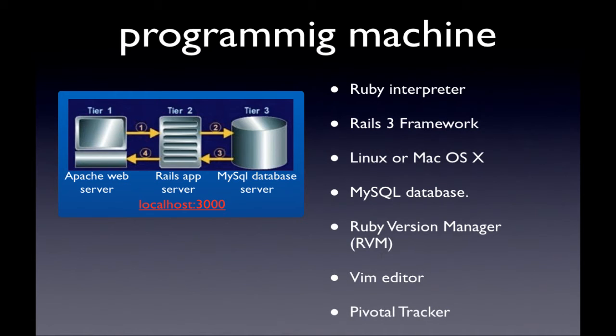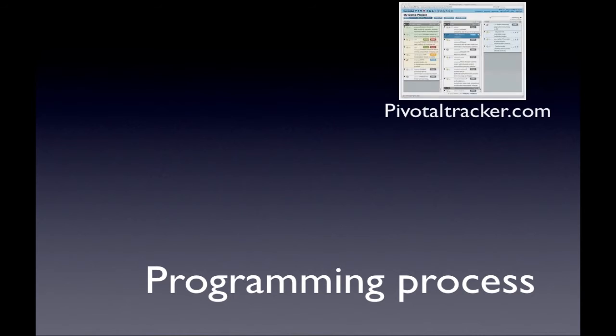We use Pivotal Tracker to track the stories and tasks that we need, in conjunction with the marketing department and the stakeholders and the owners of the product. The programming process starts with Pivotal Tracker.